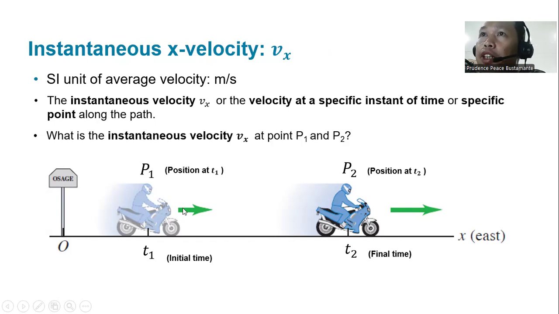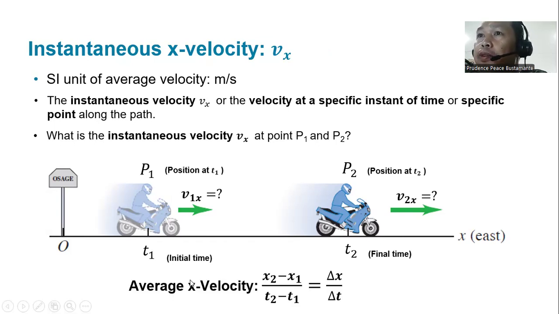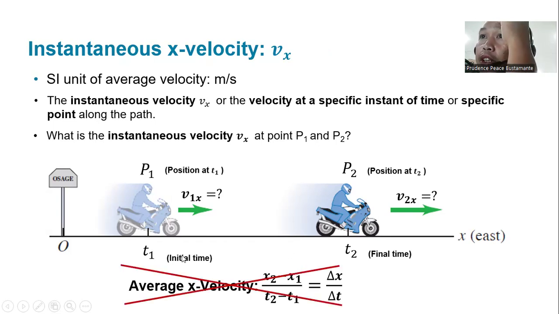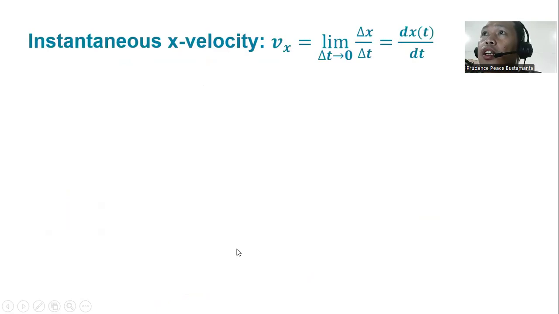For example, if you are asked what is the instantaneous velocity at point P1 and P2, our formula for the average x velocity cannot answer these questions because it's only limited to intervals.